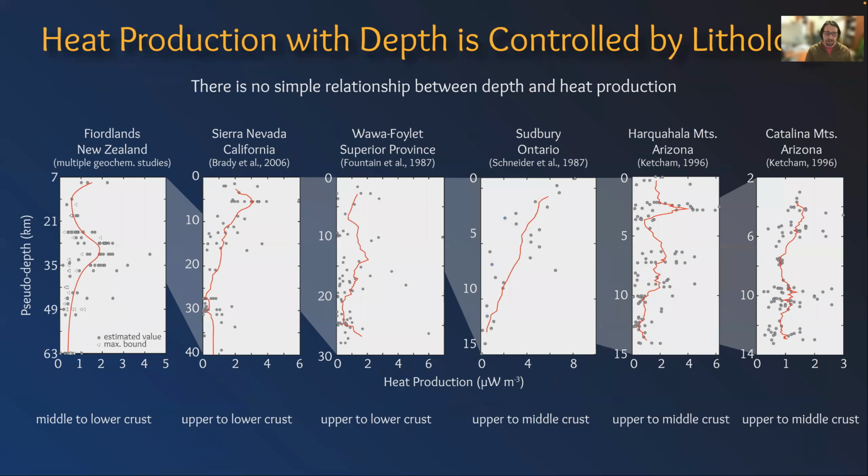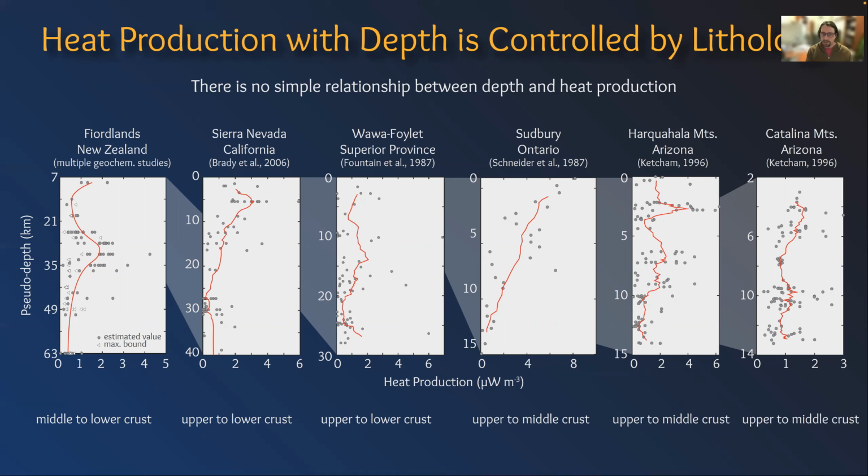Heat production, like I said, varies with depth. This is just to show how complex that can be. A lot of this is driven by lithology, but here are 6 different exposed crustal cross sections. Only 3 of these actually get significantly into the lower crust. Most of the rest of these are constrained to the upper and middle crust alone. And in each of these cases, you'll see that there's not a systematic decrease in heat production with depth.